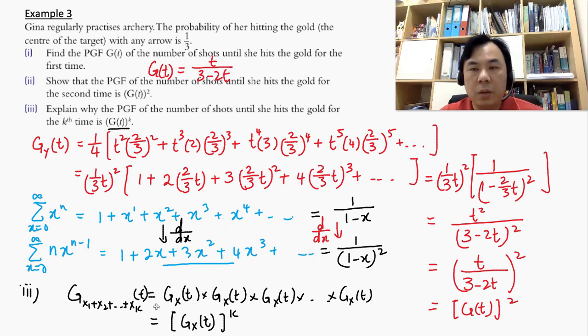We are just making use of the last property of probability generating functions for the sum of independent variables. All right, so that concludes the whole topic of probability generating functions.